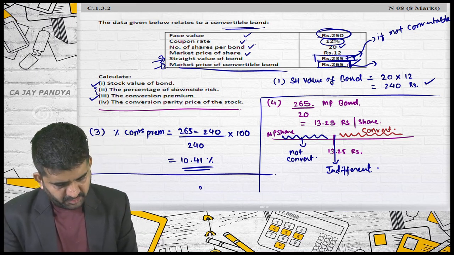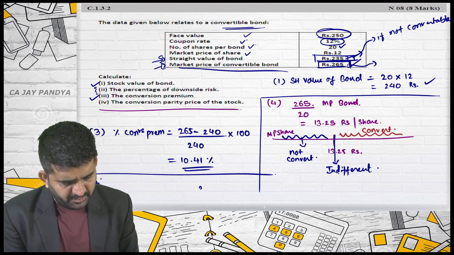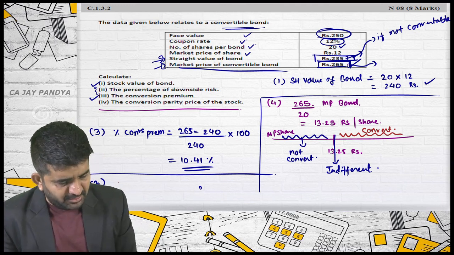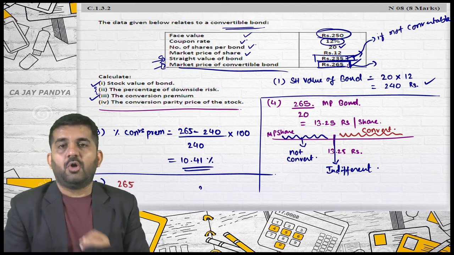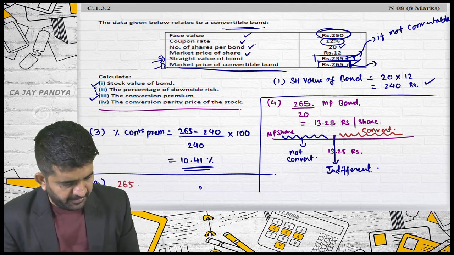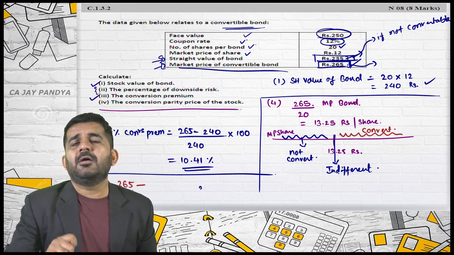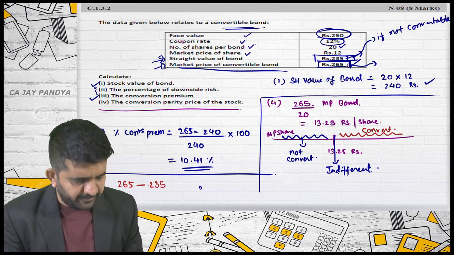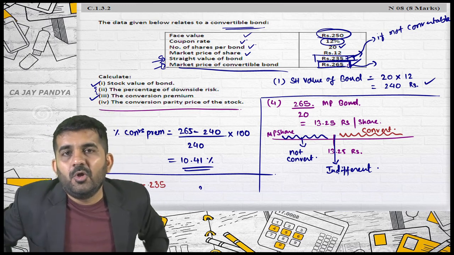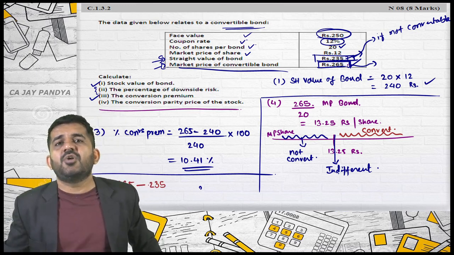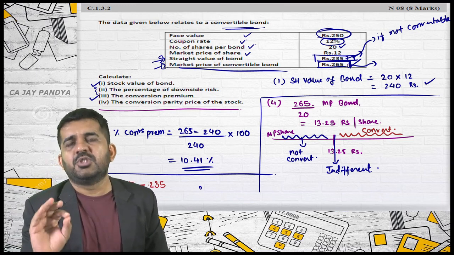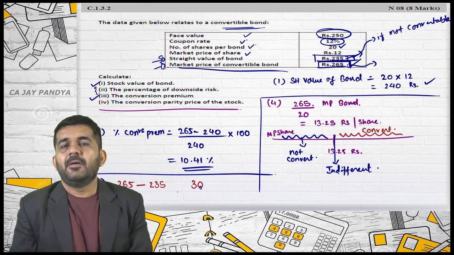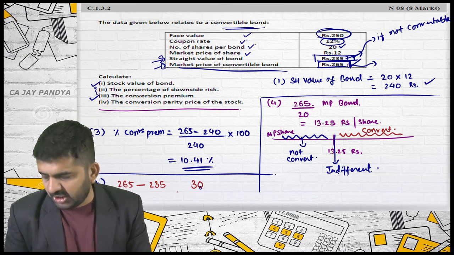Answer number 3. Sorry, it is not 4. It is answer number 3. What is the price of the convertible bond? 265 minus the price of the non-convertible bond, 235. So the market price of the bond can be reduced by a maximum of 30 rupees.